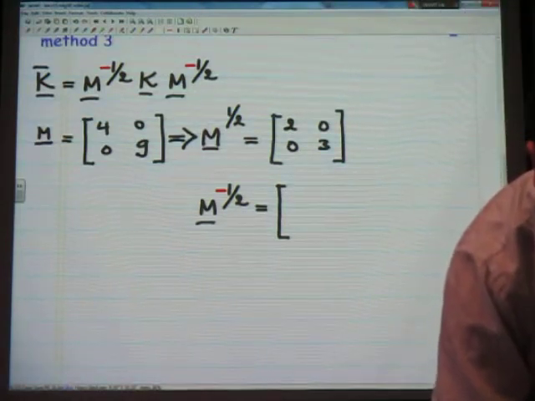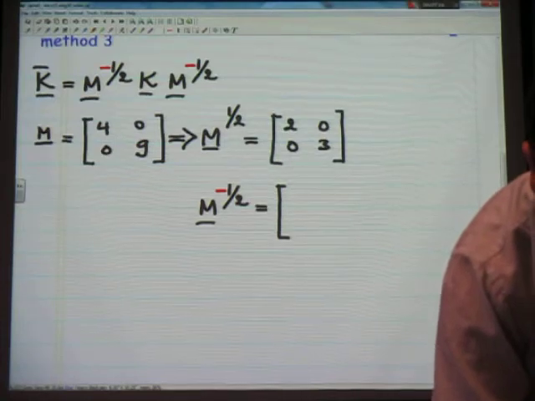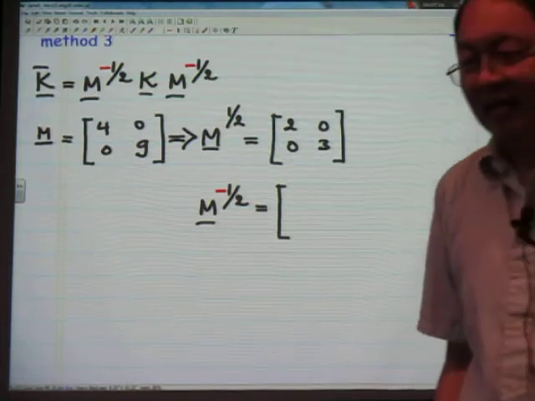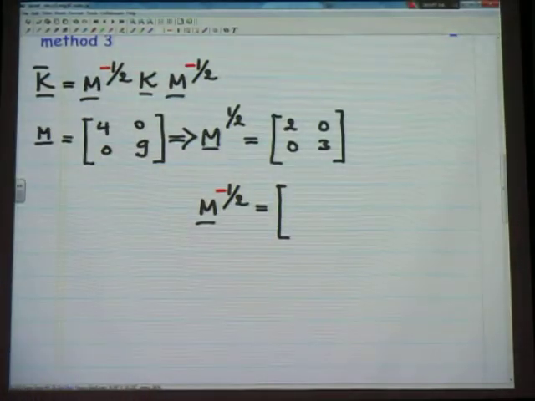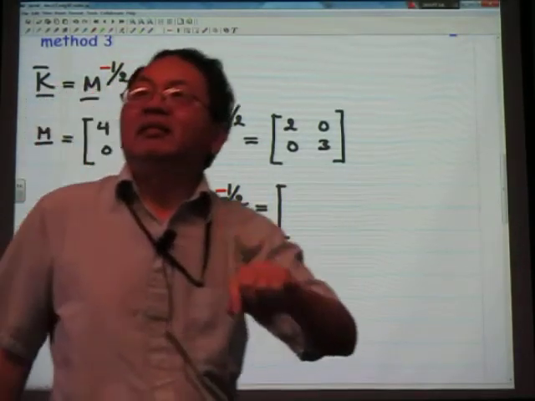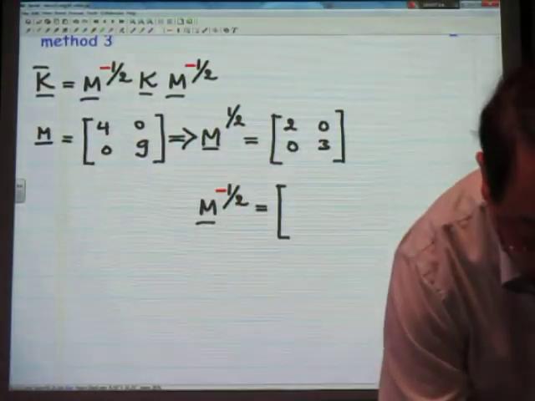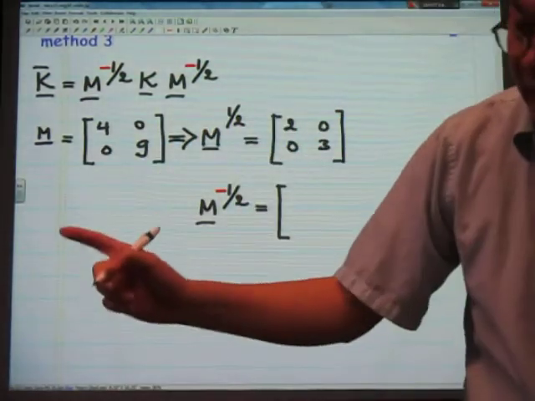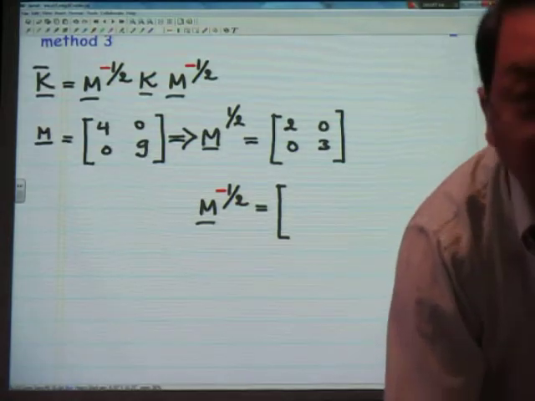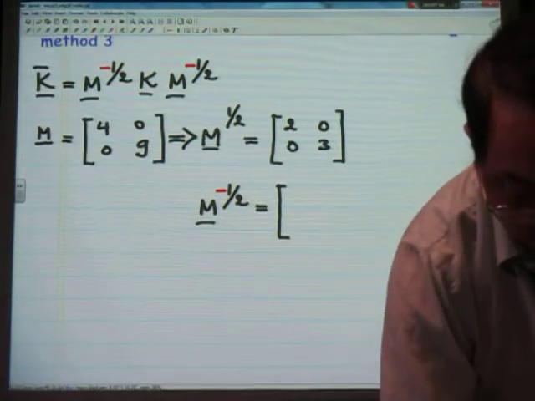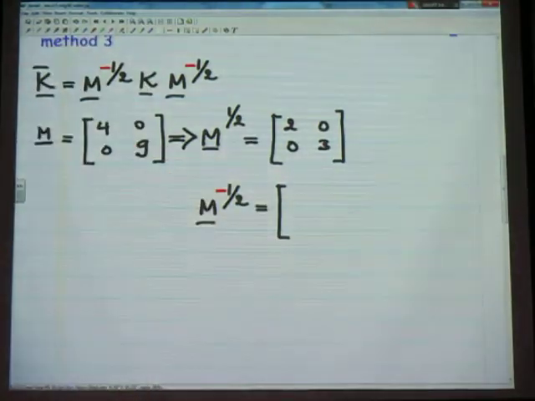David? Yeah, that's right. 1/2, 0, 0, 1/3, and that's Tony, right? David is team 2, and Tony is team 7. Very good.